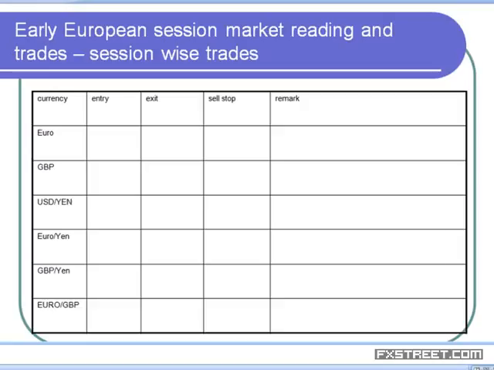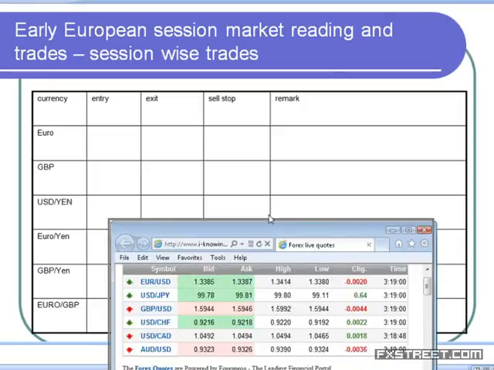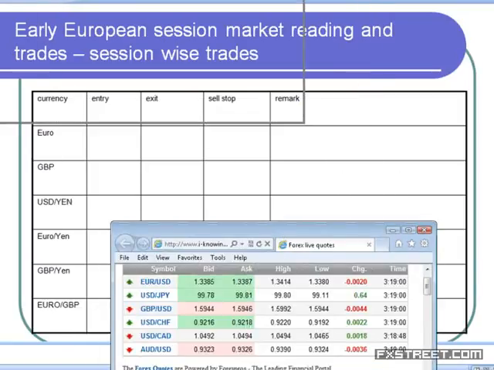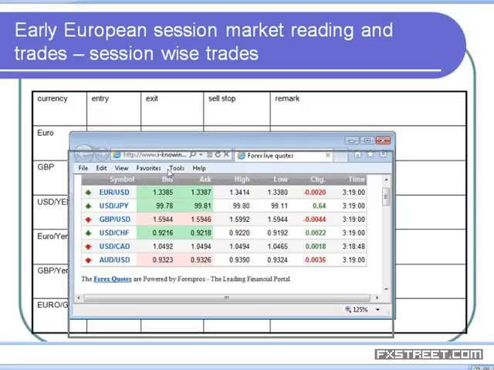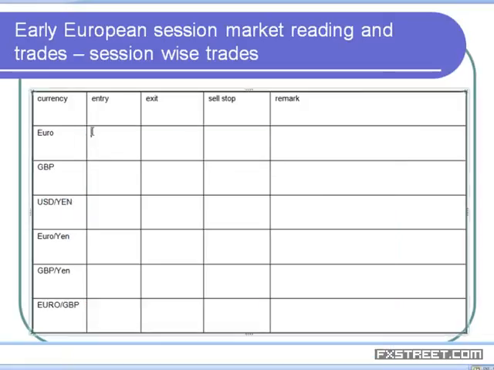So now we will come to taking the positions. In the case of Euro, we noticed that they have not breached the low they had formed. So we will try to keep a buy order, a buy limit order.